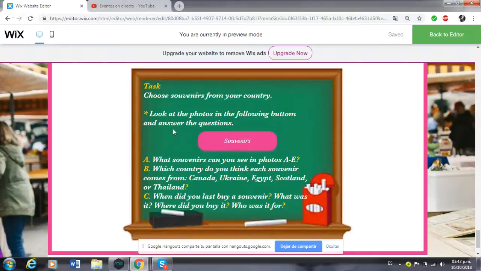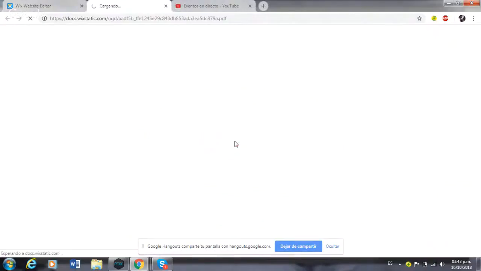The task consists of looking at the photos in the following button and answering the questions. Okay, I'm going to click on this button. Let's wait. It's loading.